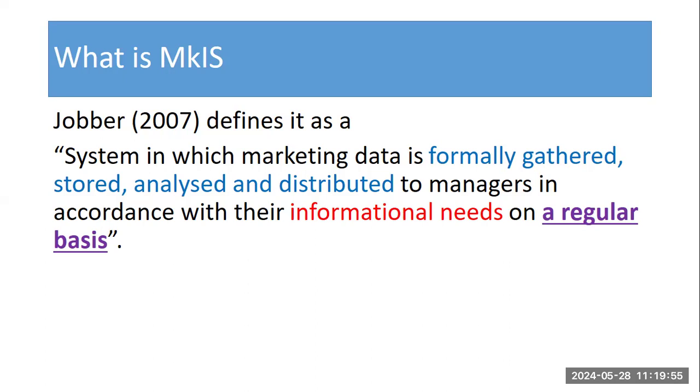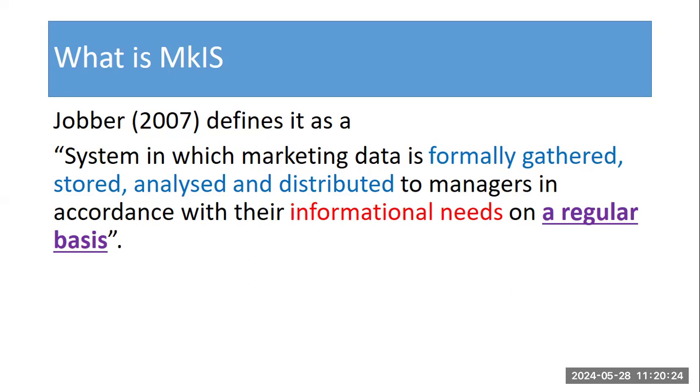One is the regularity, a continuous basis, and informational needs, and gathering the data, storing the data, analyzing the data, and distributing it. Right. So now you can understand it. A marketing information system is a system, and this system runs with the help of some procedures and methods.